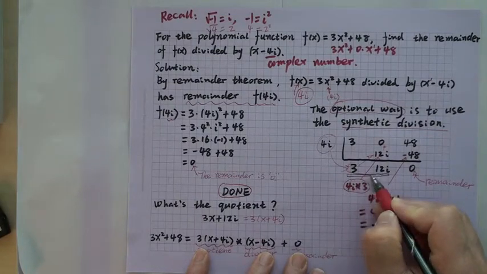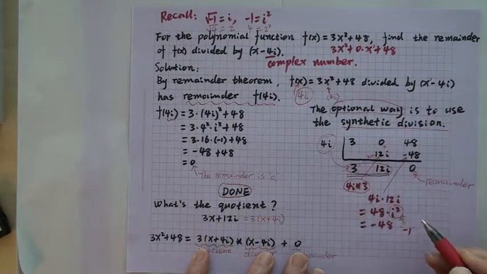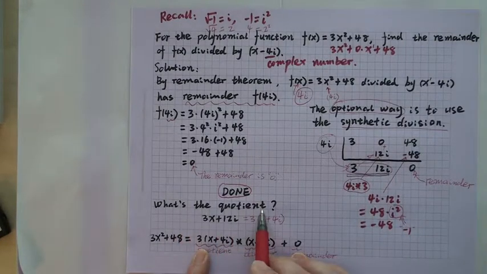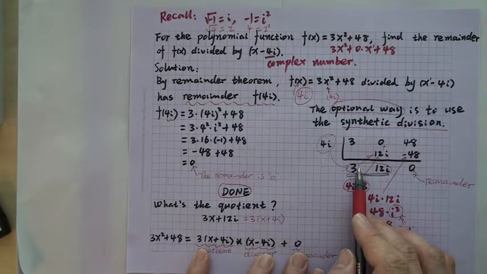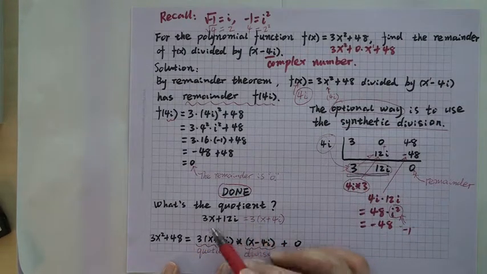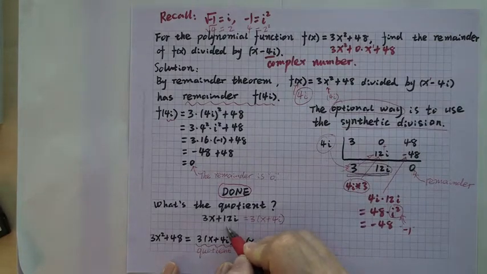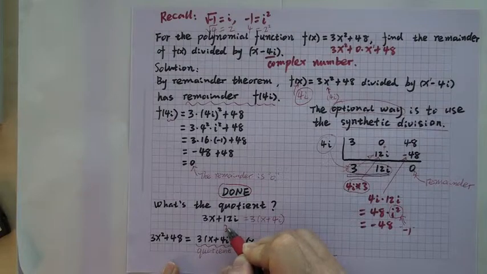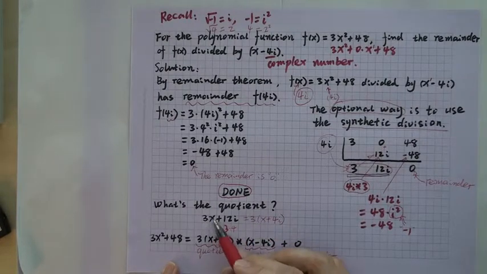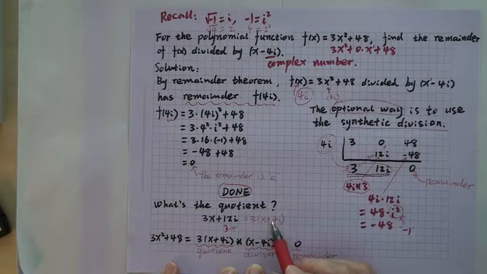So what is the quotient? The quotient is 3x plus 12i. Basically, you can pull 3 out, and 12 is 3 times 4. So if you pull 3 out, you have x left over, and then plus 4i.